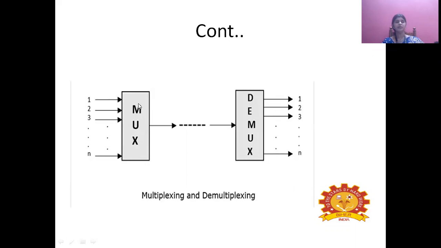The function of the multiplexer is to combine all the inputs, and they are transmitted as a single composite signal through the same channel. The function of the demultiplexer is to separate the signals, and they are delivered to the corresponding destination. Multiplexing is done at the transmitter side, demultiplexing is done at the receiver side.